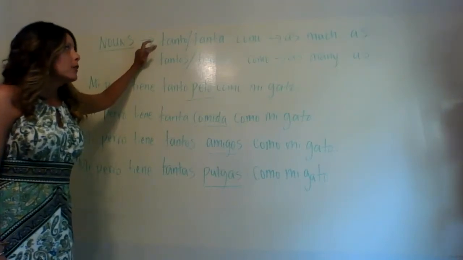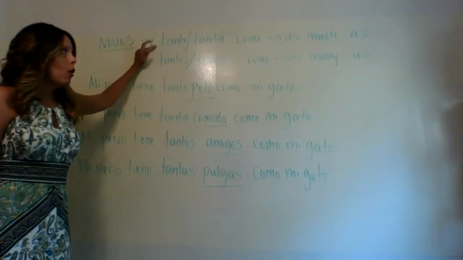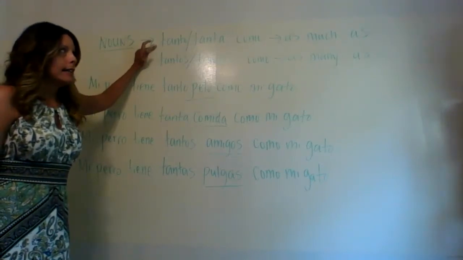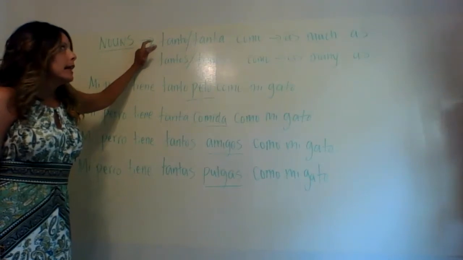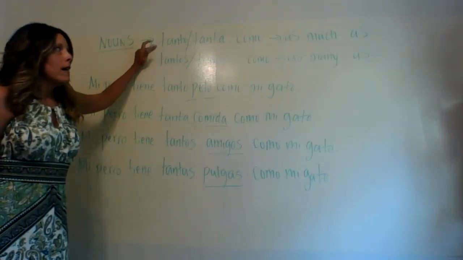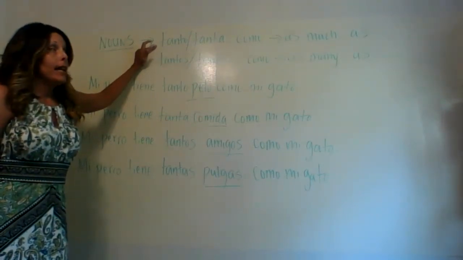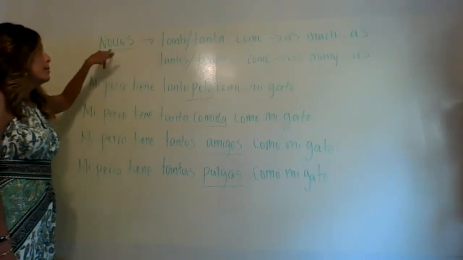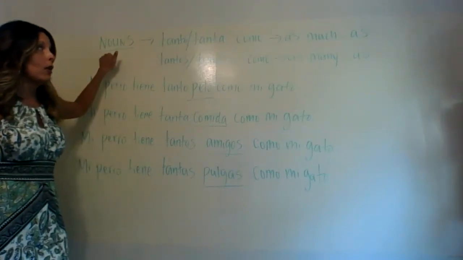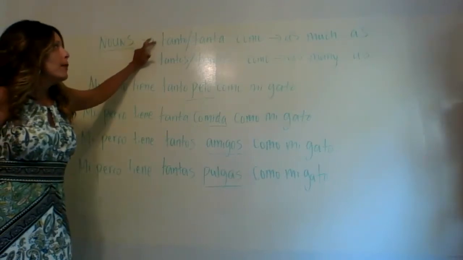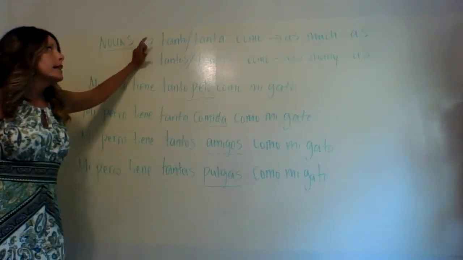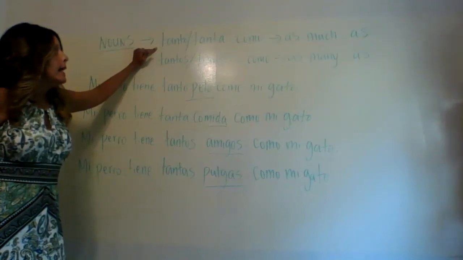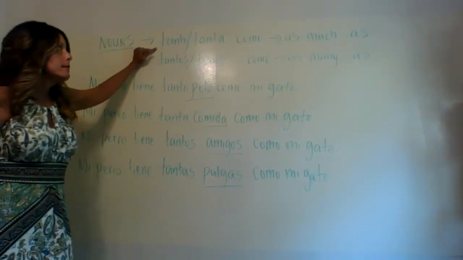So remember, tanto, T-A-N-T-O, or tanta, T-A-N-T-A, como, is going to mean as much, something as, and that something is going to be a noun because we're using comparisons of equality with nouns. Remember, this is our singular, so tanto is masculine singular, and tanta is feminine singular.